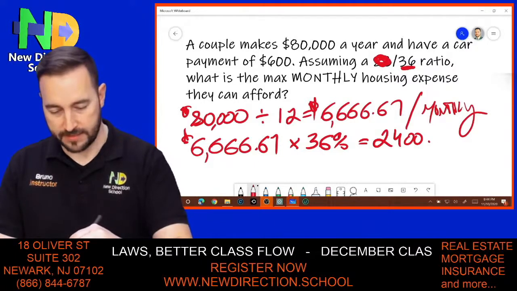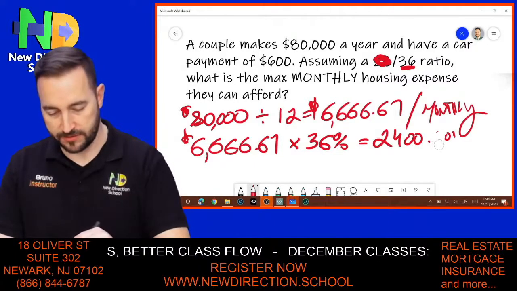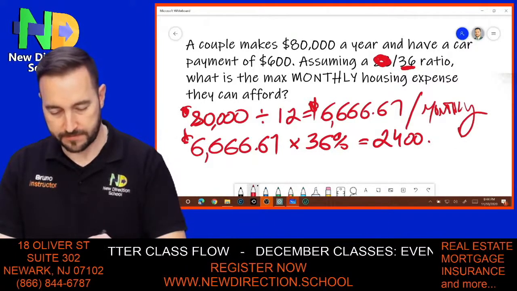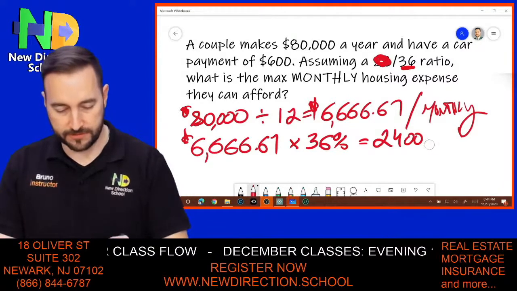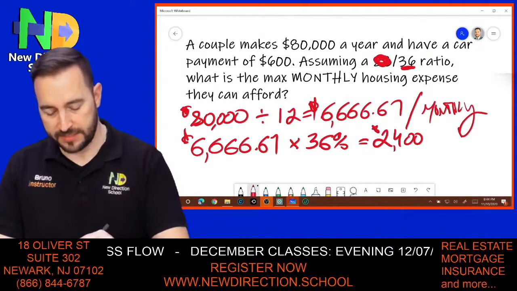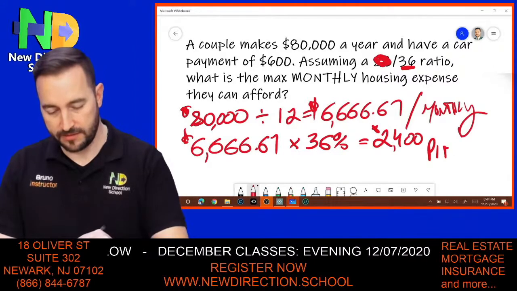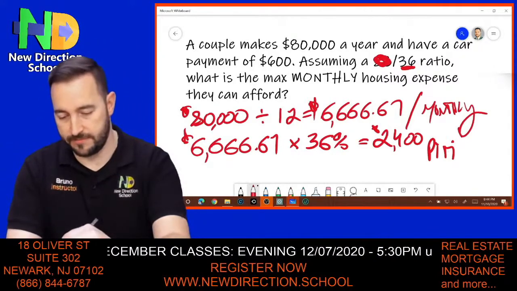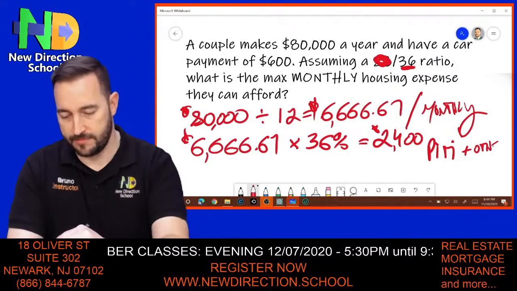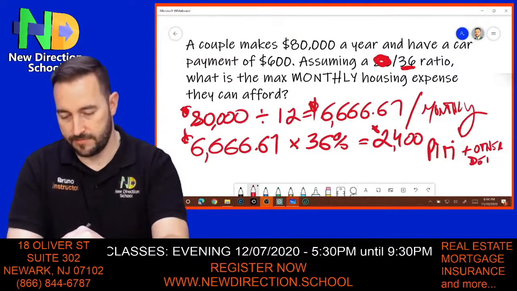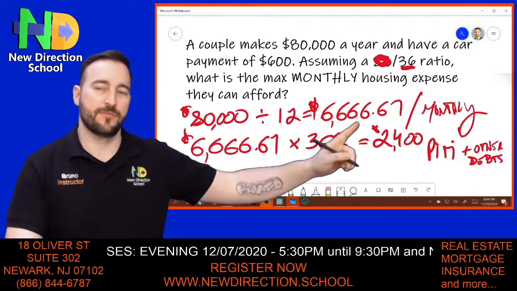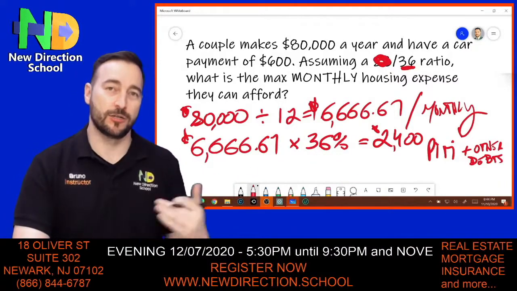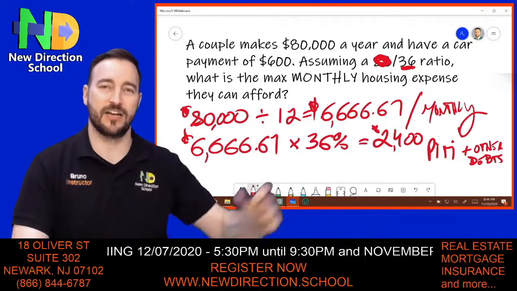So the cents stay with 2,400. But this is TI plus other debts. So this number, guys, is the total, including the debts, cannot exceed this number.